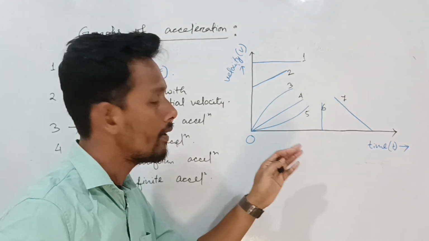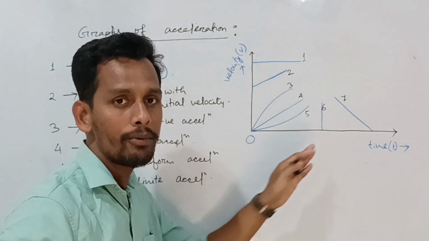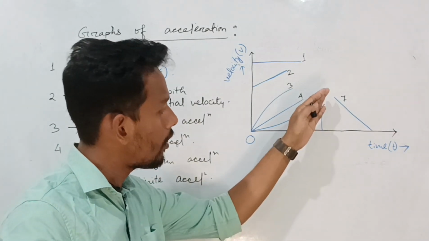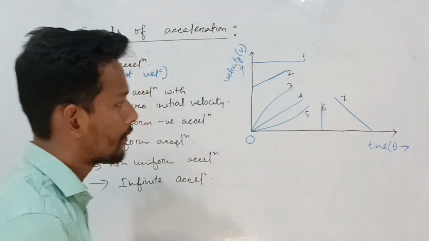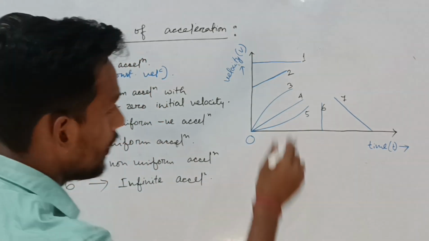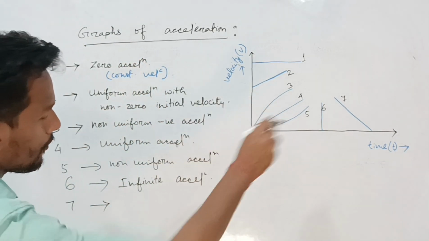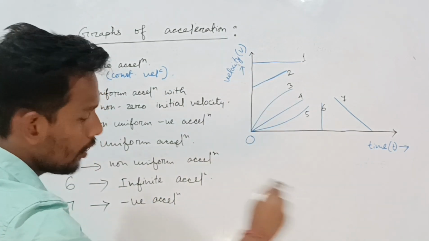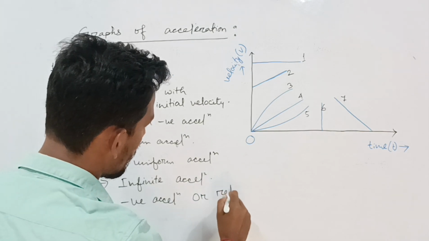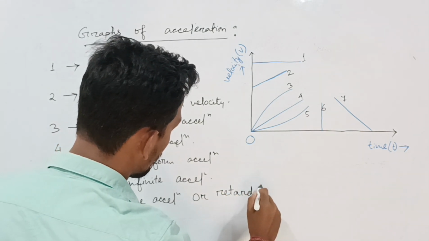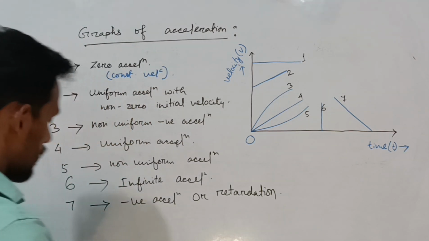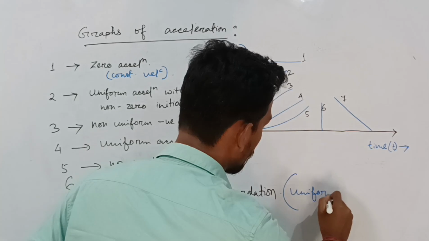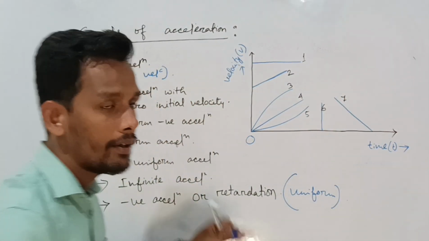If the car fails its brakes, then after some time it will collide with an object, and in that case it cannot reduce its speed. So that is called infinite acceleration. Then number 7 will be negative uniform acceleration, or you can say retardation. It is negative acceleration, but it is uniform.